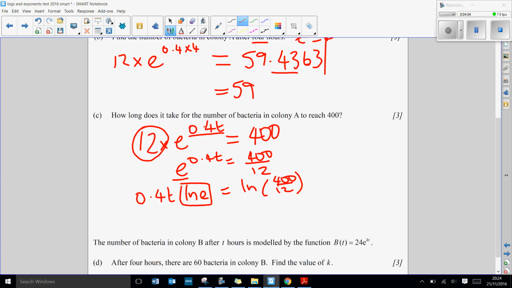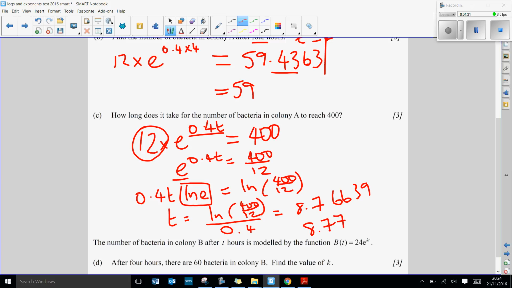So t would be natural log of 400 over 12 divided by 0.4. Again, referring to the answer sheet, I have a value of 8.76639. In SL course, we always round to 3 significant figures, so 8.77.